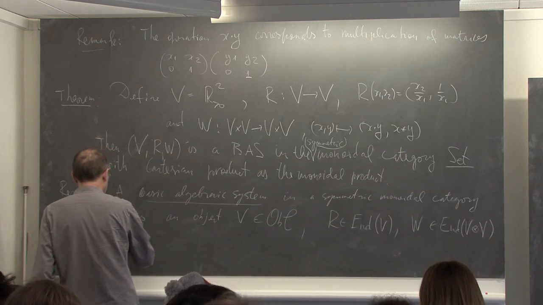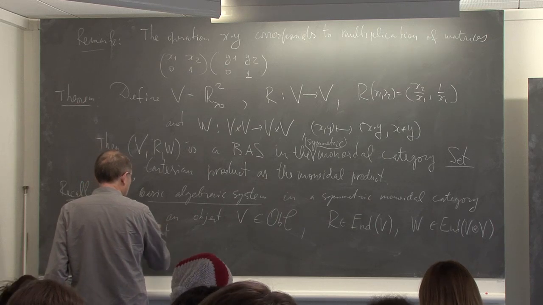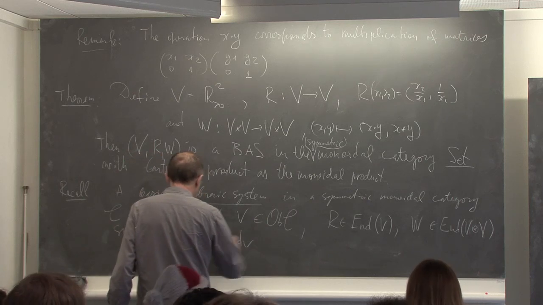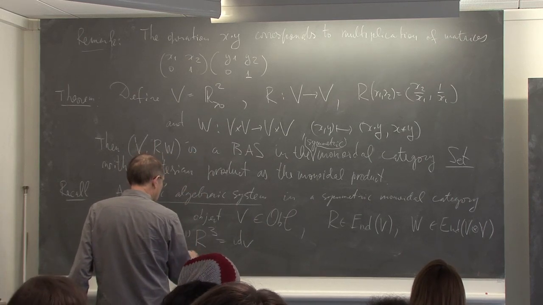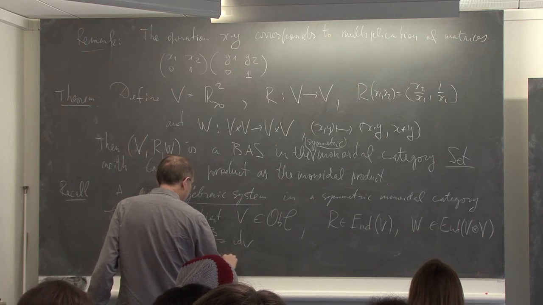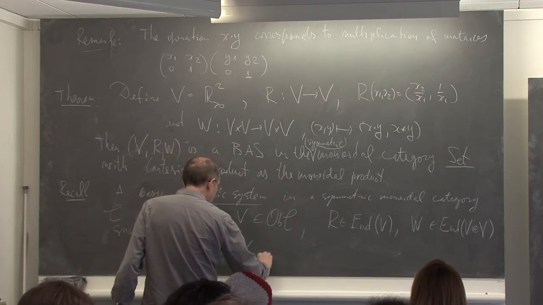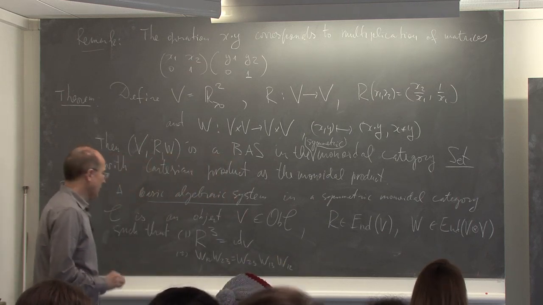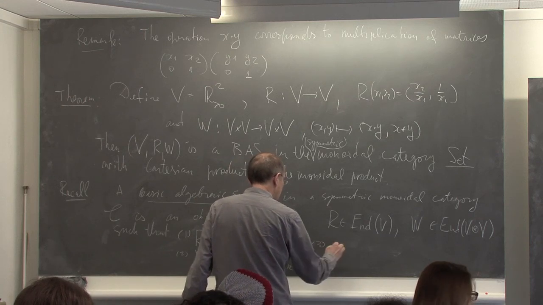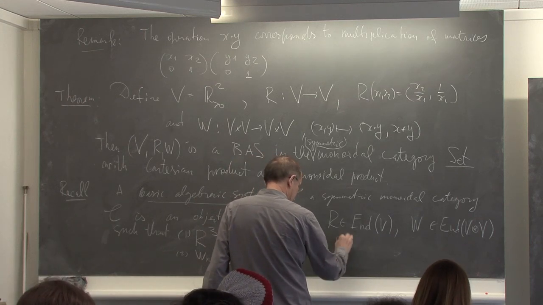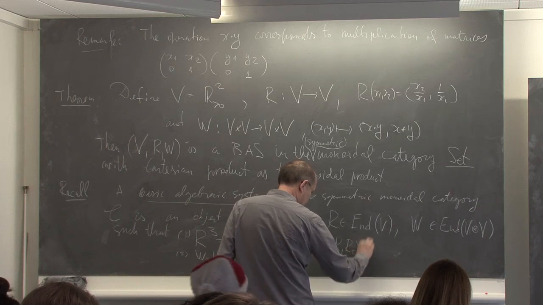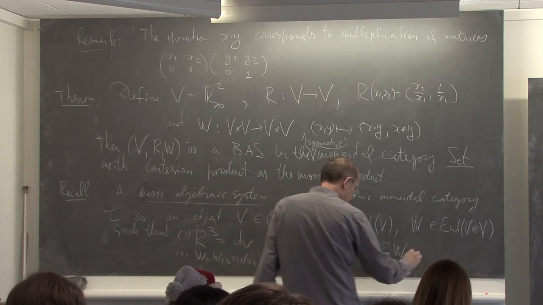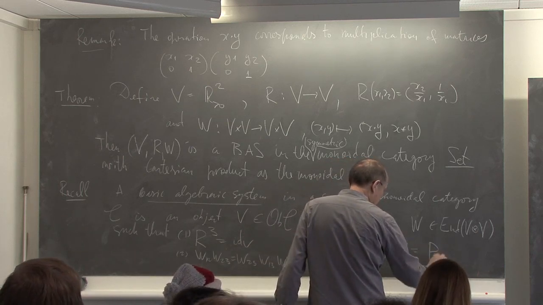such that R power 3 is identity of V, W12, W23 equals W23, W13, W12. And the last thing is R1, R2, W21, R1 inverse, W is equal P12.